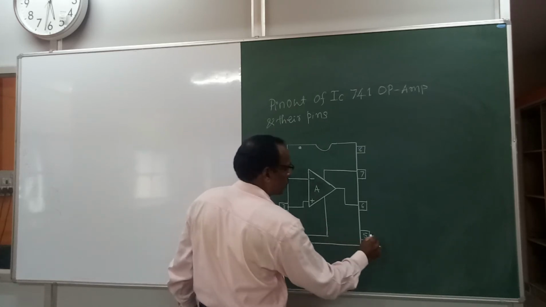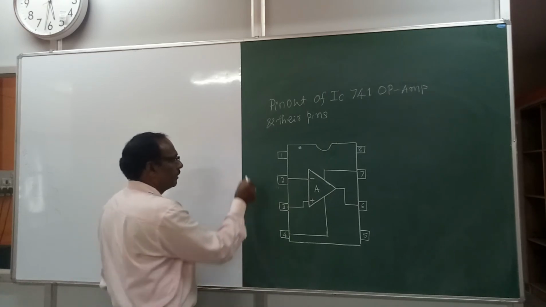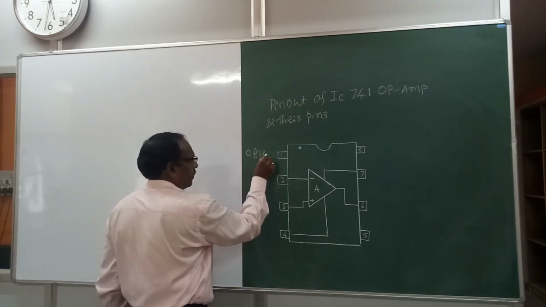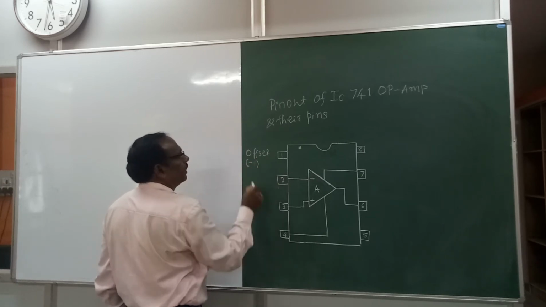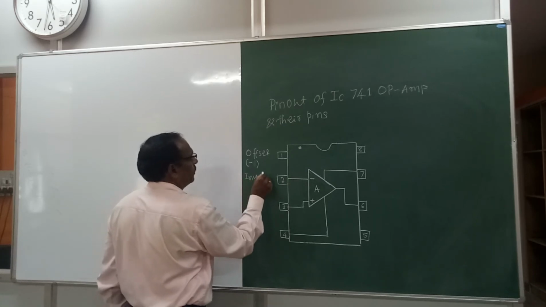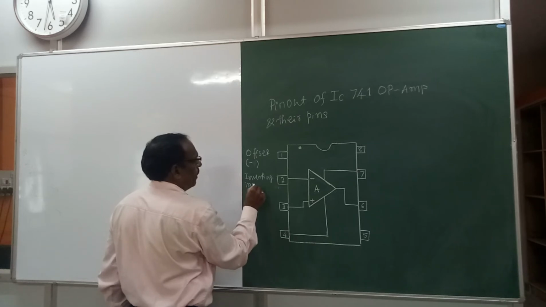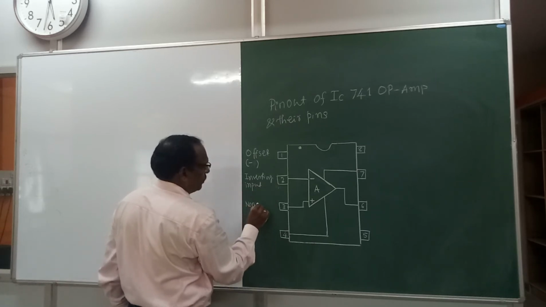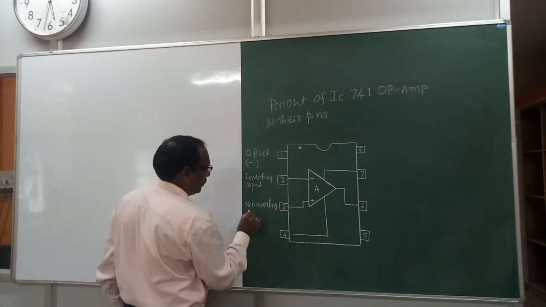Pin number 5 and 1 are offset pins. Pin number 2 is the inverting input. Pin number 3 is the non-inverting input.